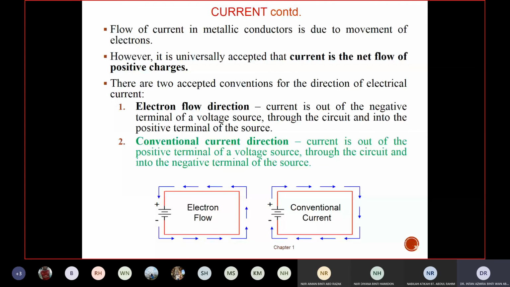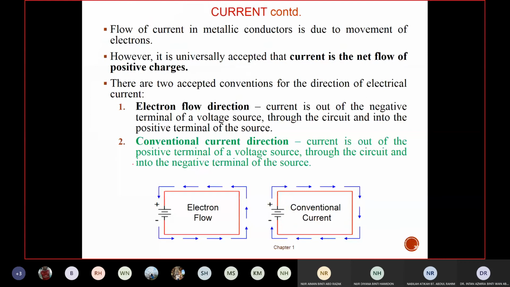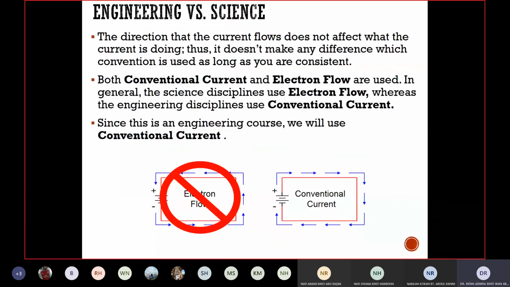In conventional current direction, current is out of the positive terminal and flows to the negative terminal. In engineering courses, we will use conventional current, meaning that current leaves the positive terminal and goes back to the negative terminal.